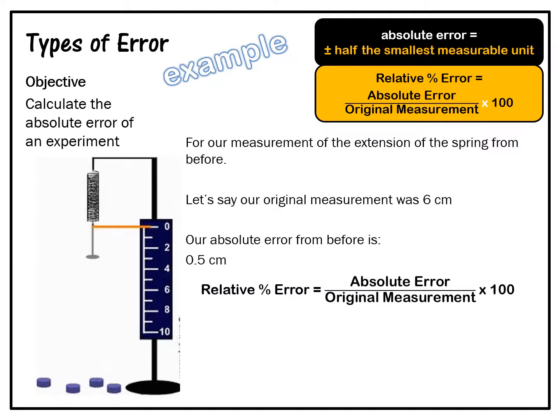And if we use our formula of the relative percentage error being the absolute error divided by the original measurement multiplied by 100, our absolute error is 0.5. Our original measurement was 6, and if you do 0.5 divided by 6 multiplied by 100, you should get that that percentage is 30, and our relative error is 30%.